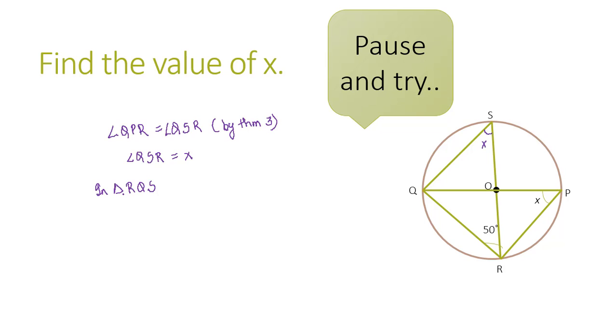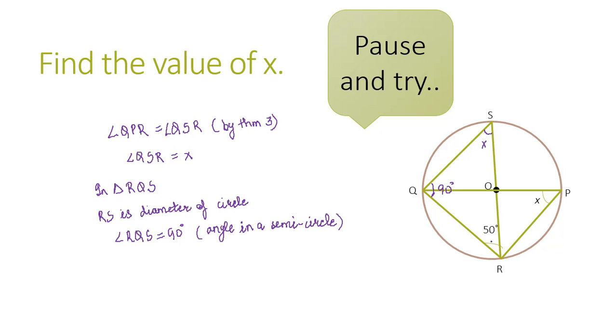Now consider the triangle RQS. We can see here that the chord RS passes through the center of the circle. Hence, RS is the diameter and angle RQS will be the angle in the semicircle. Hence, it will be equal to 90 degrees. Now, in this triangle, we know the measures of two angles.